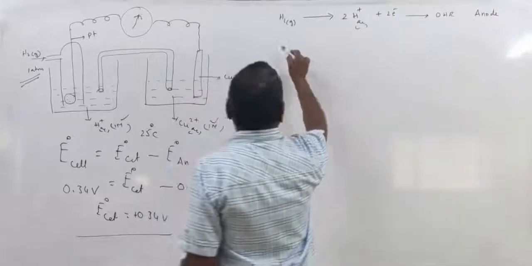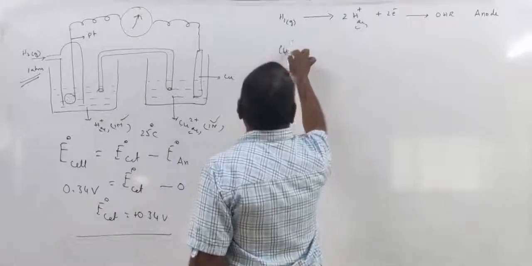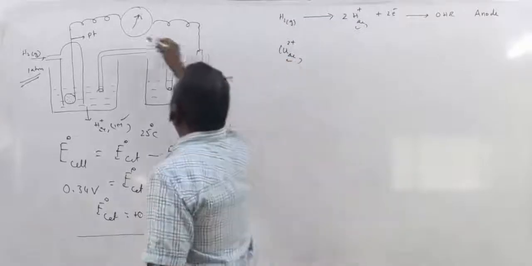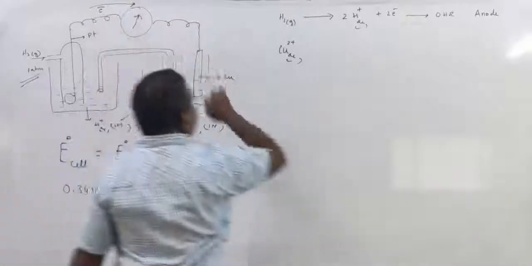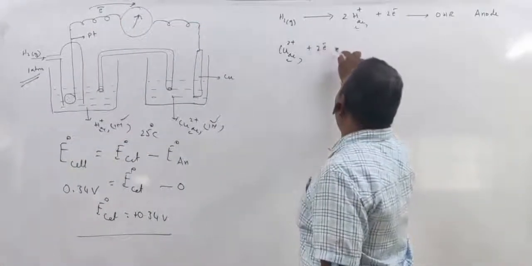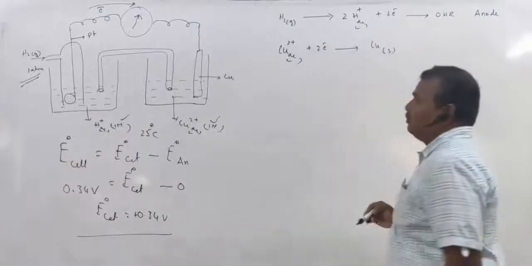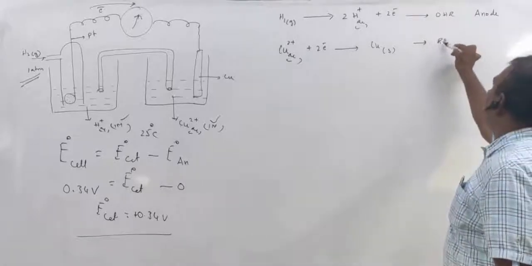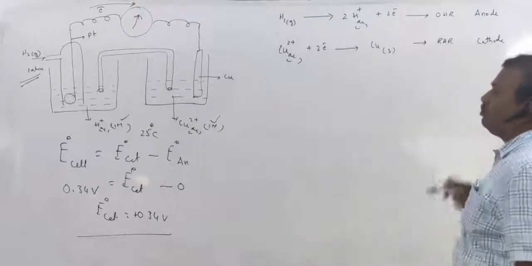Next, platinum is the medium, right? Next, the copper 2+ ions in the solution, because electrons flow from the hydrogen electrode to the copper electrode, take 2 electrons and deposit as copper. So it is nothing but the reduction reaction, the cathode.